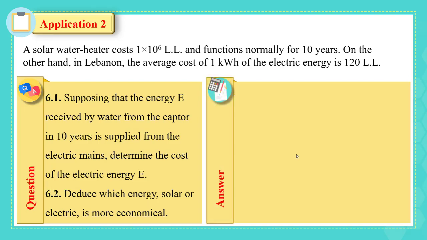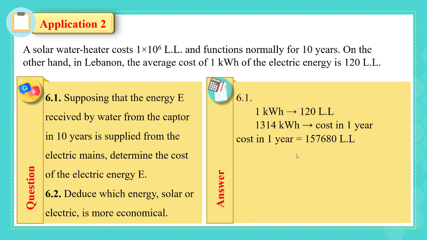So first I have to calculate the cost in 1 year, then in 10 years. We know that the cost of 1 kilowatt hour is 120 Lebanese lira. So how much is the cost of 1314 kilowatt hours? So this is the cost in 1 year.